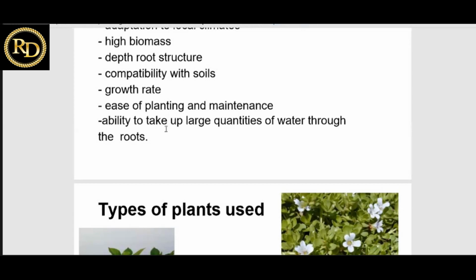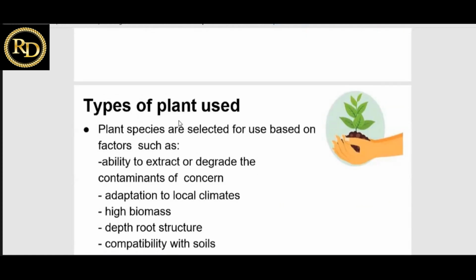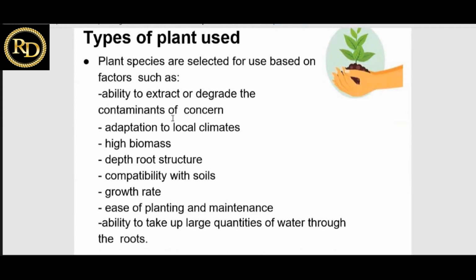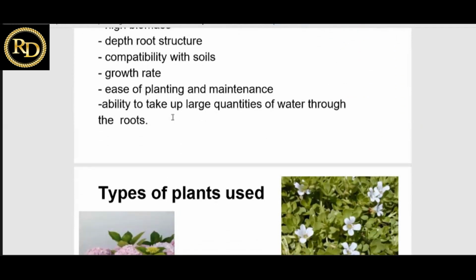Suppose you are interested in rhizofiltration, then obviously they must have the capacity to absorb a high amount of water, because water is one of the greatest media for entering of the metals inside the root system. So that's why the ability to take up large quantities of water through the roots is one of the major concerns when you are interested in plants and their types for the phytoremediation purpose.